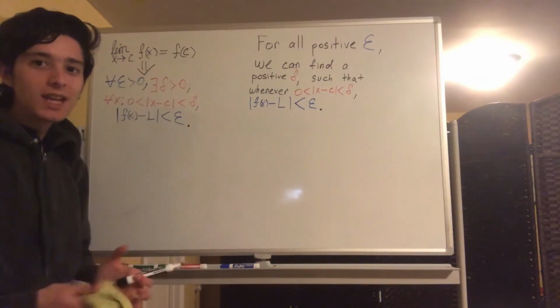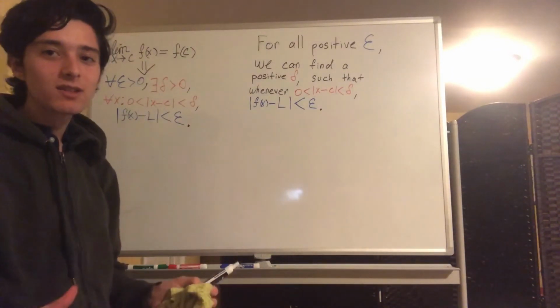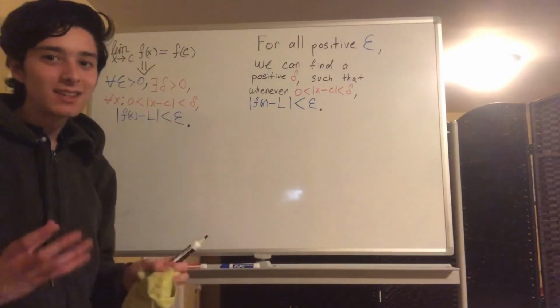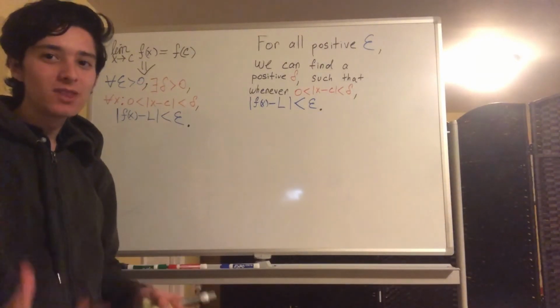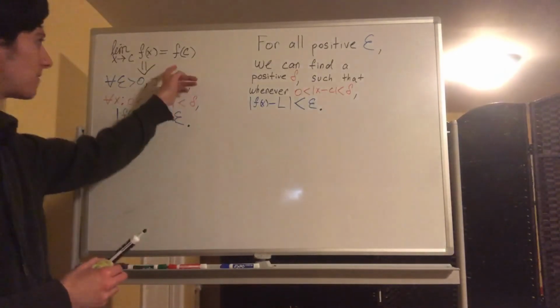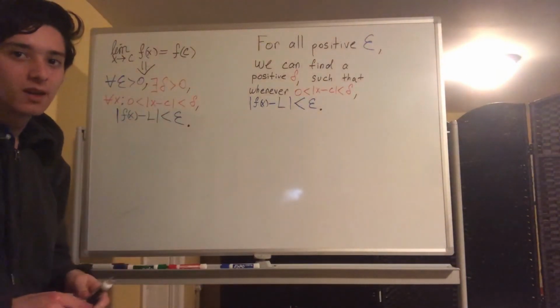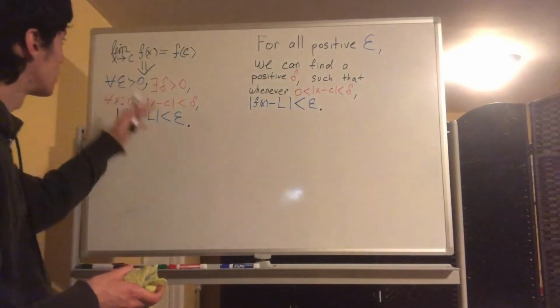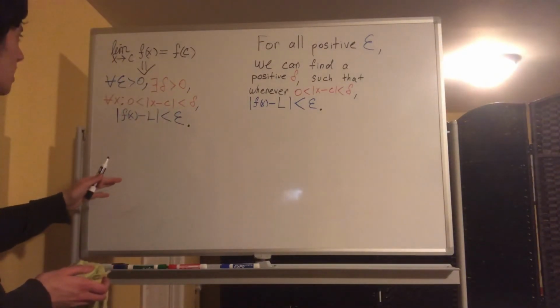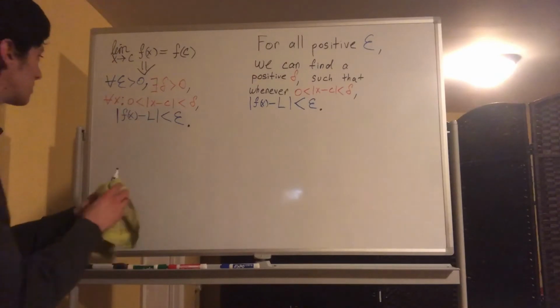So if you go in and you know that a function is continuous, finding this limit is computationally the same thing as finding what f of c is. And that's what's so special about continuity. So again, we go back and look at our definitions. And we see that it equals f of c.